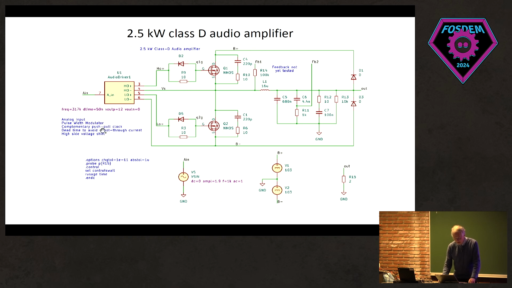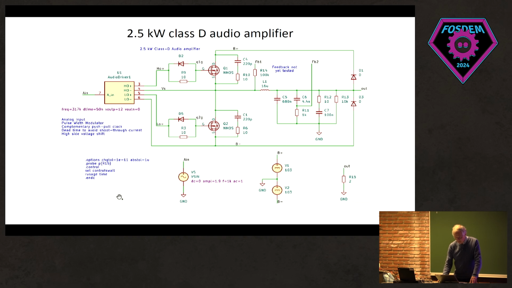It needs a complementary push-pull output, because we have 2 transistors here. And it has a dead time generator to avoid shoot-through, because what will happen? You have minus 100 volt here, plus 100 volt here, and if you manage to open both of these transistors at the same time, you will see the result in form of smoke. And so you have to avoid this.